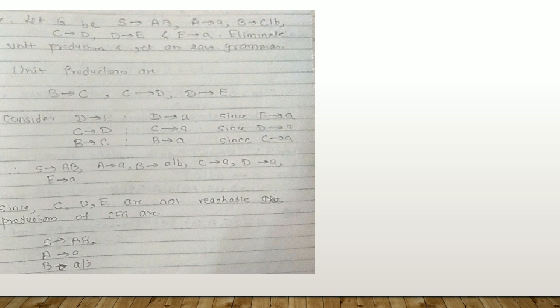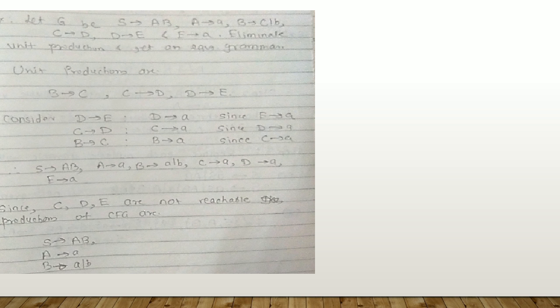Since C, D, E are not reachable from the starting symbol, they can be excluded, because from the starting symbol we are reaching A and B only. Capital A is producing small a and capital B is producing either small a or small b.